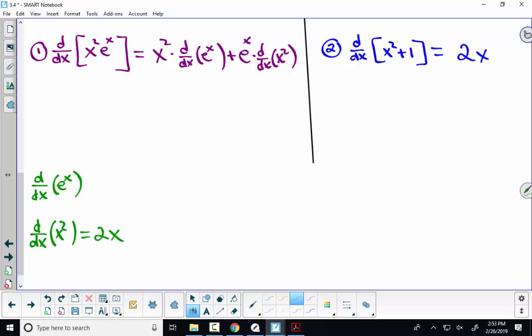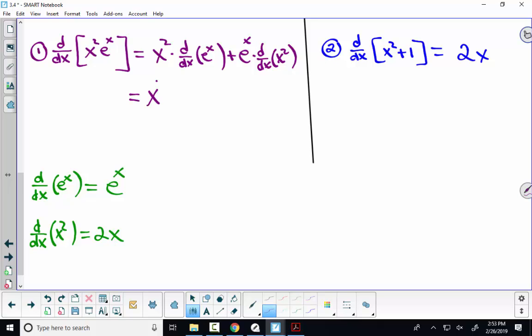So the derivative of x squared is 2x. Derivative of e to the x is e to the x. Those are like tertiary derivatives, right? Secondary derivatives here that showed up in our product rule. So these two derivatives, we're just going to put in place of these two derivatives.